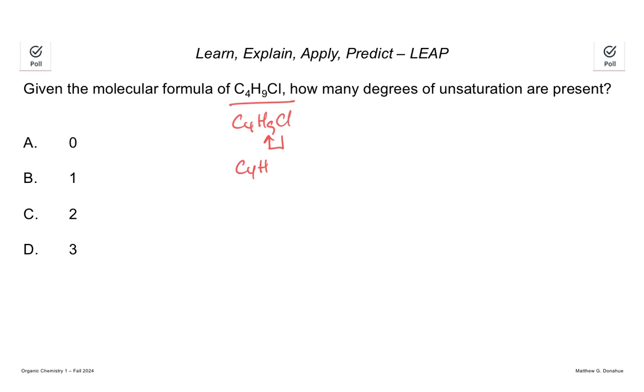So chlorine will add to the hydrogen count. So we have N equals 4. So 2 times 4 plus 2, that's 10. So there's, again, going to be 0 degrees of unsaturation.